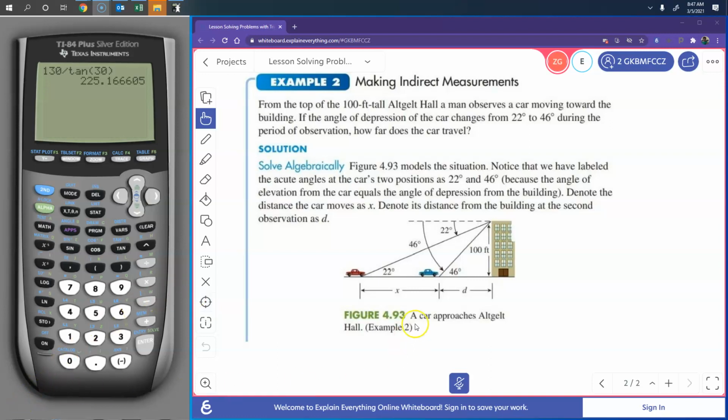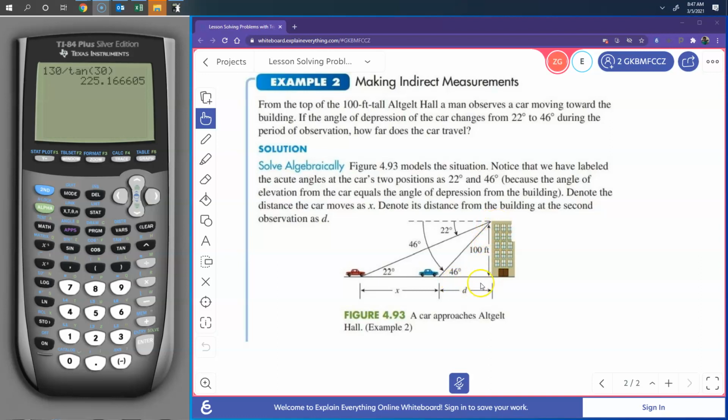So we're going to work with this little triangle here, the smaller triangle, because we know that the angle of elevation is 46 degrees, and we're going to work on finding this distance. We have the opposite, which is the height of the tower or the hall, and we're going to find the distance.